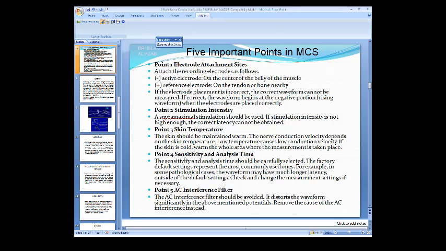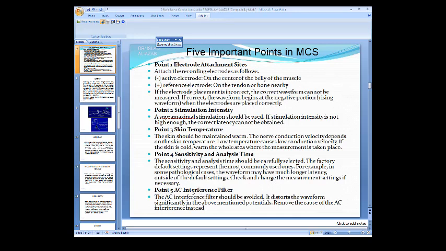Point 4. Sensitivity and analysis time. The sensitivity and analysis time should be carefully selected. The factory default setting represents the most commonly used ones. For example, in some pathological cases, the waveform may have much longer latency outside of the default setting. Check and change the measurement settings if necessary.